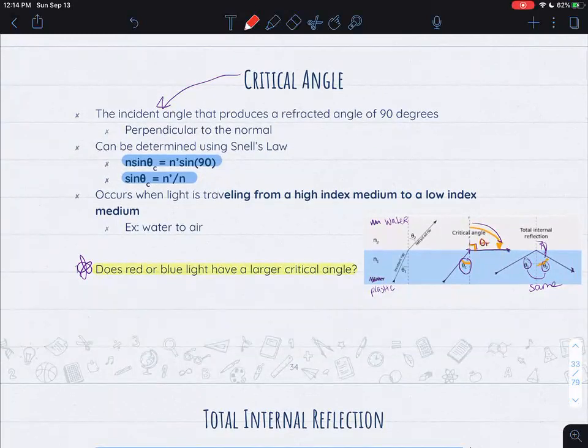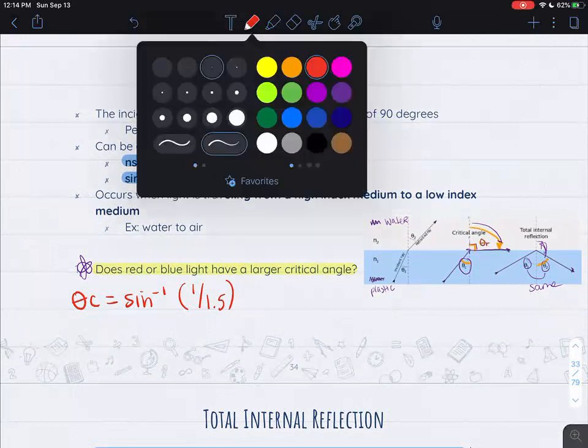If you're curious and you want to try to just do the math to solve for the critical angle, you can just use random values, because we can say that for the same material, the index of refraction is going to be less for red light. So we can just say the index of refraction for the red light for the same material can be 1.5.